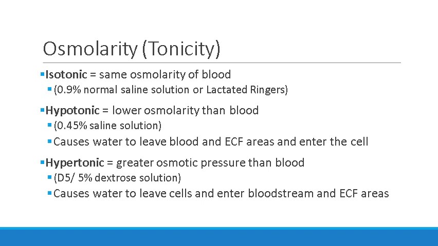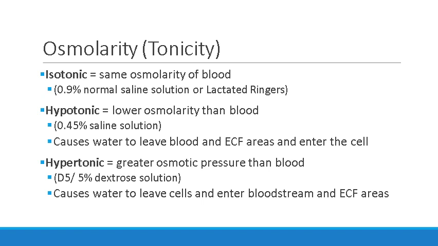Isotonic solutions have the same osmolarity as blood. This is the most common solution that we give our clients. The example of this would be 0.9% normal saline solution or lactated ringers. Because isotonic solution has the same osmolarity as blood, that is why normal saline is the only solution that's compatible with blood when someone's getting a blood transfusion.